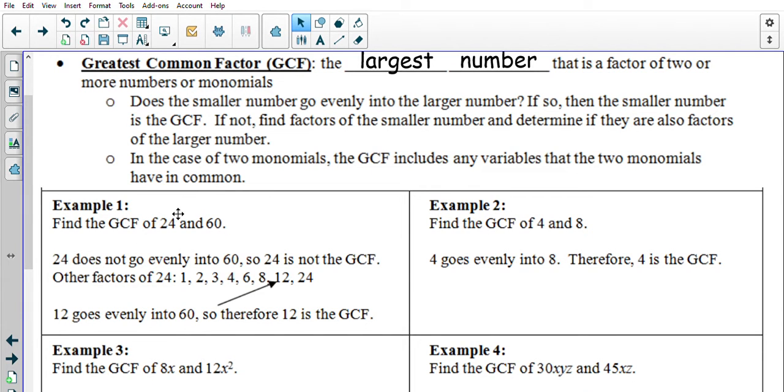So since 24 does not evenly go into 60, 24 is not the greatest common factor. So other factors of 24 are 1, 2, 3, 4, 6, 8, 12, and 24. Those are the numbers that 24 divides by. Back in elementary school, you might have done little rainbows over these, like 1 and 24 gets you 24, 2 and 12 gets you 24, 3 and 8, 4 and 6.